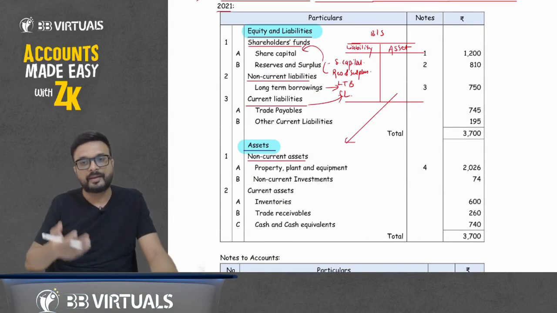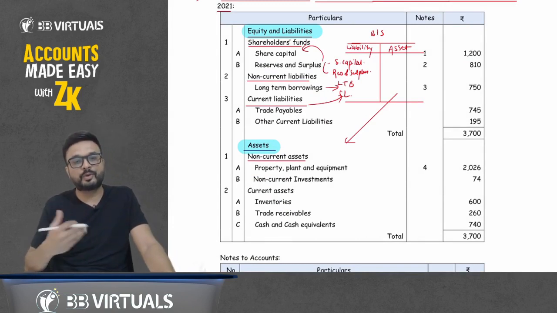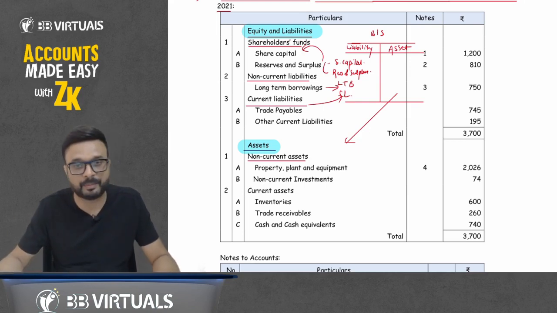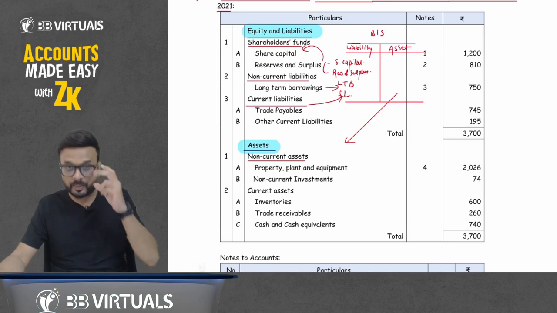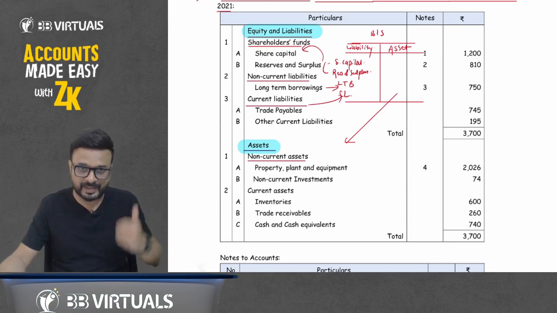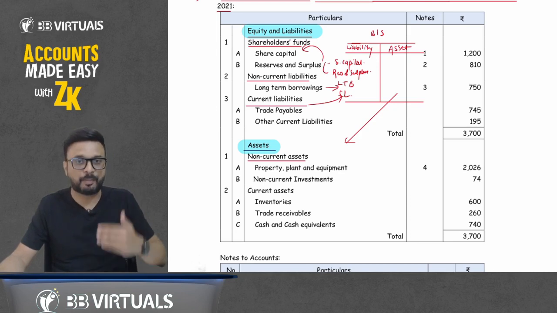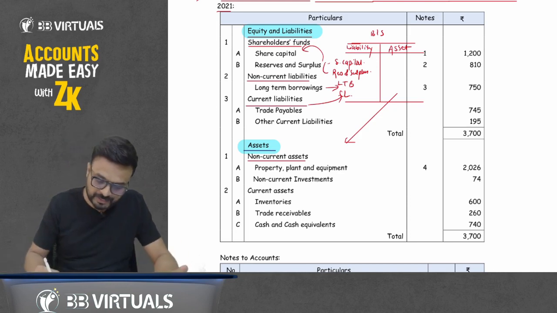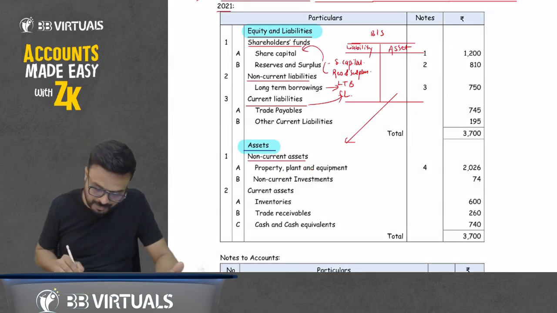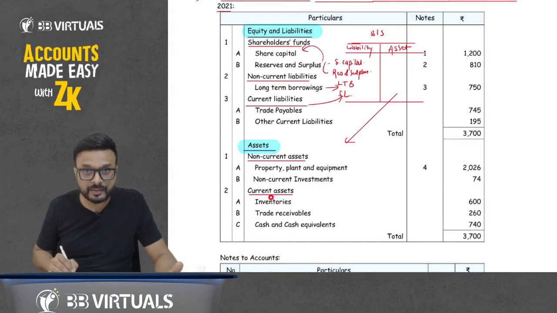At inter level we don't call it fixed asset, we call it property, plant and equipment, because Accounting Standard 10 doesn't call it fixed asset, they call it PPE. Non-current investment means long-term investment. Then current assets: inventories, trade receivable, cash and cash equivalent.